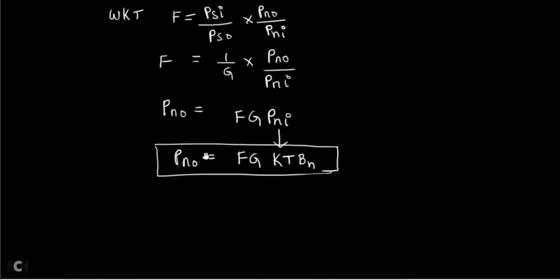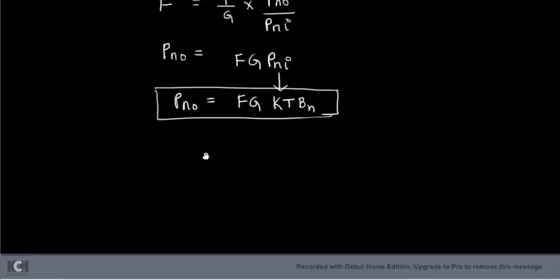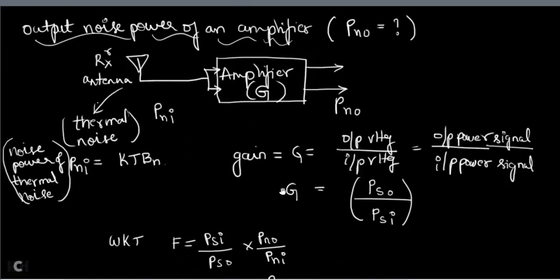Now I can represent this as one more. Here I told you that I calculated the output noise of the amplifier, and the input noise I took was only because of the thermal noise. And what about the noise added by the amplifier itself? That I did not take into consideration.